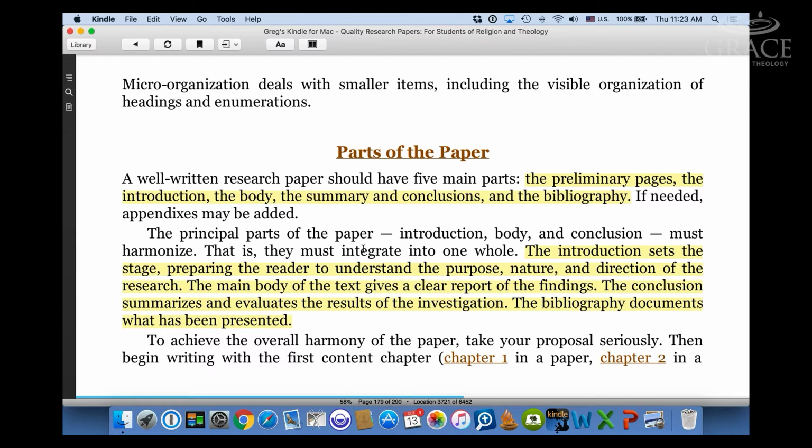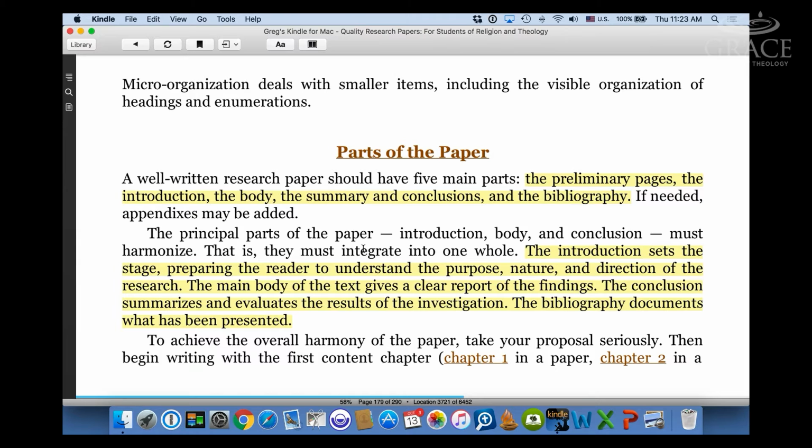So the text of the paper should begin with a good introduction. The introduction sets the stage, prepares the reader to understand the purpose, nature, and direction of the research. So you need to set the scope of the paper in the introduction. The main body of the text gives a clear report of the findings.